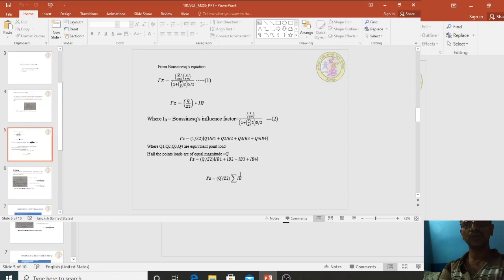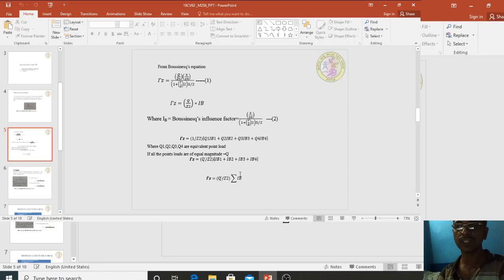Okay, so now in order to do this problem, we are using the basic stress distribution equation proposed by Boussinesq. What is that equation, students? Sigma z is equal to Q by z square into 3 by 2 pi divided by [1 plus (r by z) whole square] whole to the power 5 by 2.